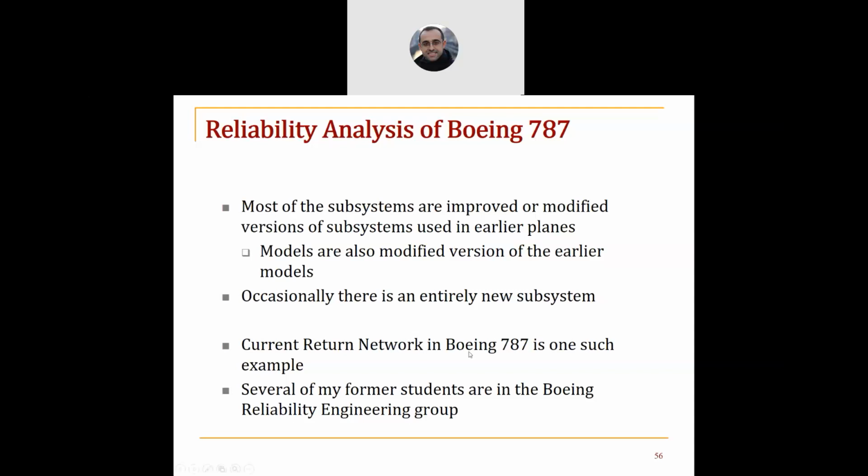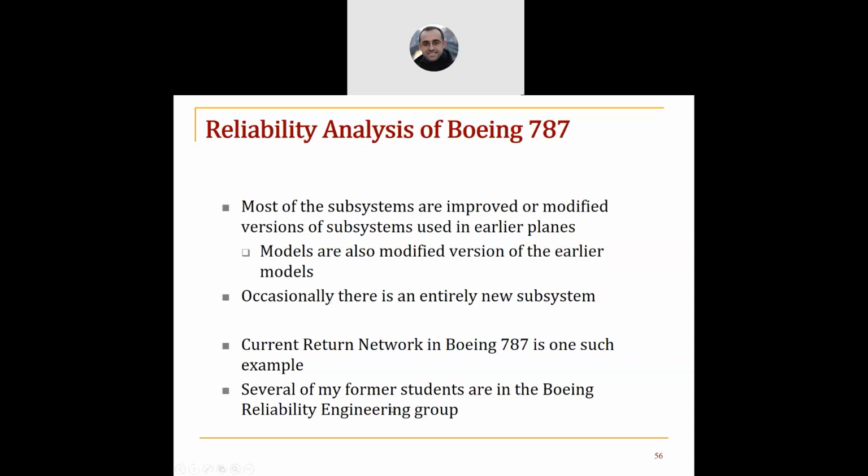But because of the new frame, which is not metal, to solve the lightning problem they had to implement a new subsystem called the current return network. Since there was no previous example of a current return network and therefore no previous model, they had to develop a new model from scratch for it.